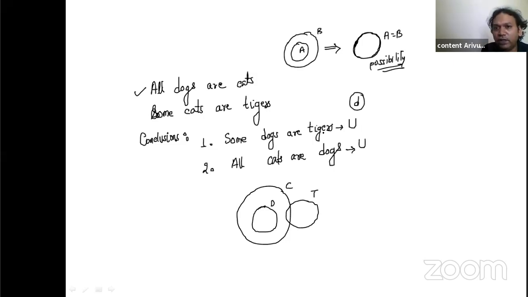The answer is D because we don't have any combination of some and no. So we have some and all. Also subject and object are not same. So there is no possibility of either or. The answer has to be neither one nor two follows. That's the correct answer, which almost all of you have got. That's very promising.